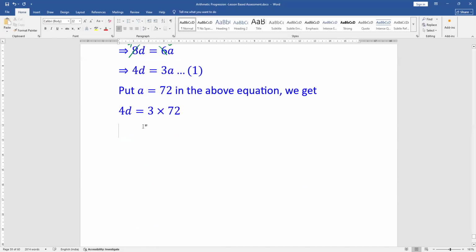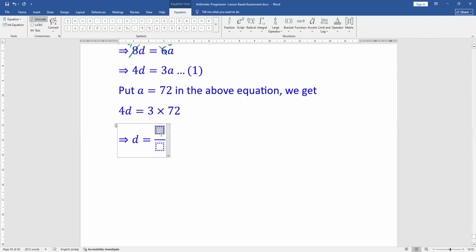Then in my next step, write d equals, here the numerator is 3 into 72, and the denominator is 4.